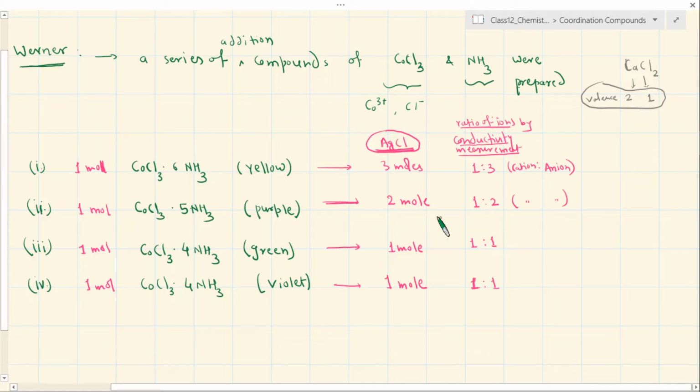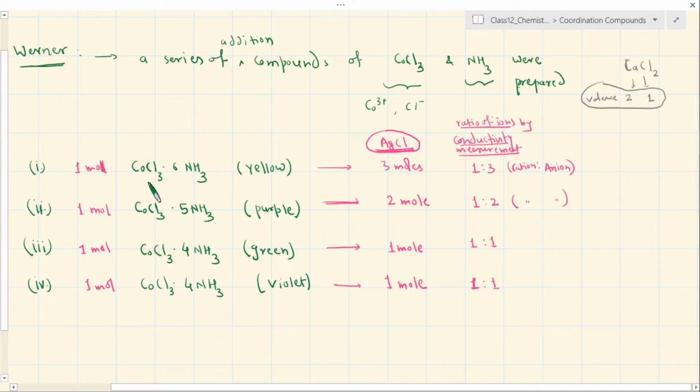In order to explain these experimental results, Werner proposed that there exist 2 different types of valences in these compounds. We will see his proposals in detail soon, but right now, based on all these experimental facts and results and his proposal that there exist 2 different types of valences, he established that the compounds can better be represented in the format written down here.